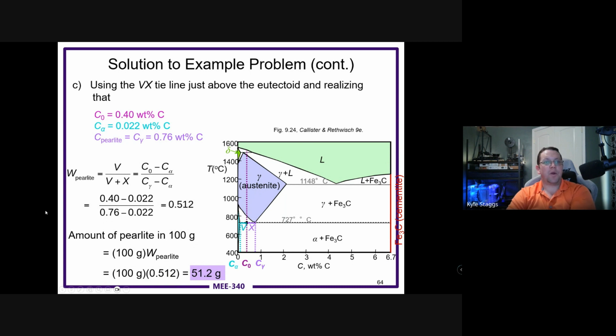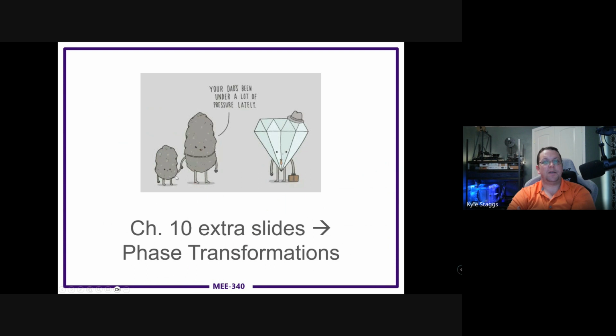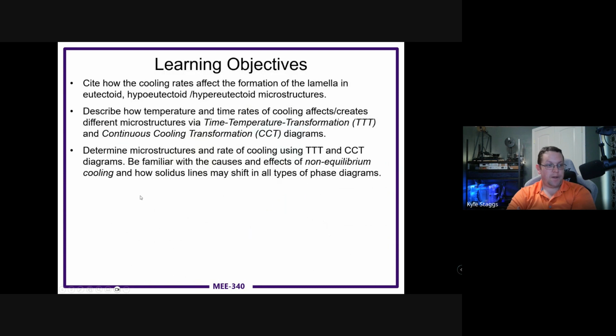You're going to get lots of practice at this, and you're going to see this C0 minus C alpha, C gamma minus C alpha form a lot, because it's very useful for determining information about these tie lines. There's a couple more that we have a little bit of time to get into, and then we can check for some further questions.